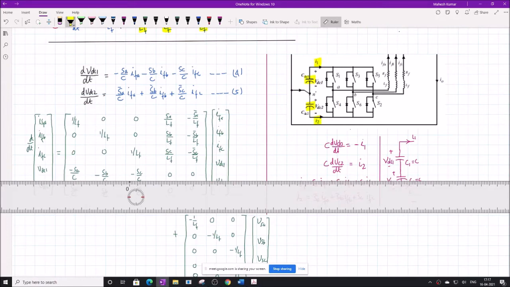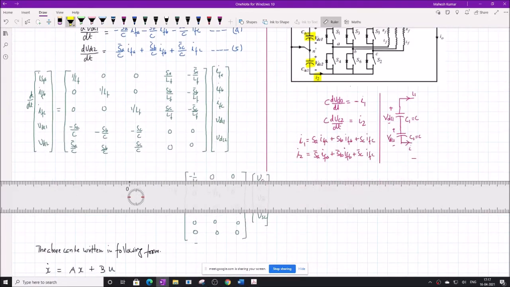For any capacitor, if this is the polarity, this is plus, this is minus, and the current is in this direction, normally we write like this. If this is the capacitor, this is plus, this is minus, this is VC, the current is IC, then we write that VC is equal to 1 by C integral of IC dt.